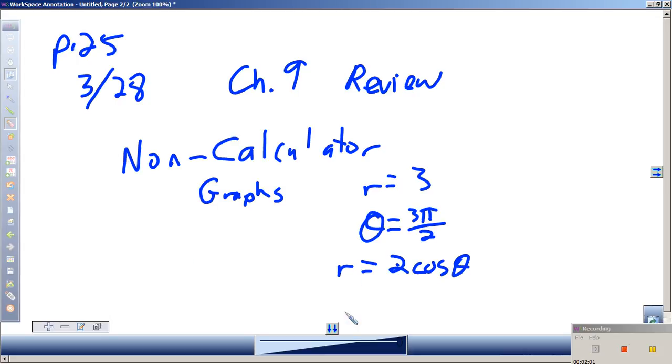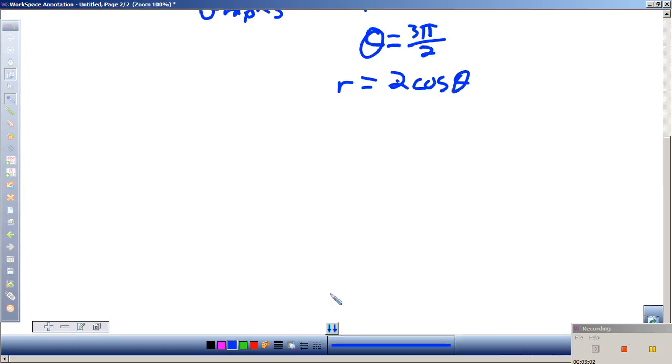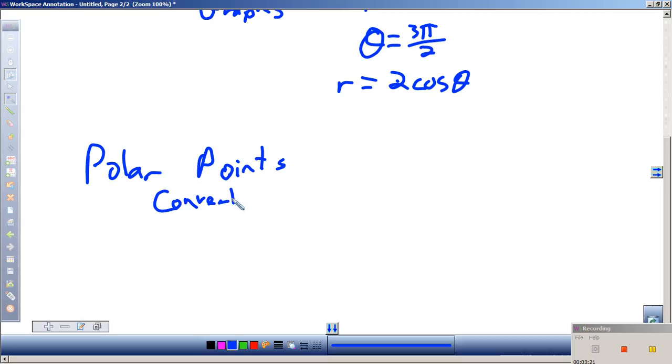So, overall test. Section 9.1, do you remember what it was about? Polar points. So this would be, very likely, I'll give you a problem, and I'll say, convert it to rectangular. Or actually, maybe I'll do a couple problems where I say, do a whole bunch of things to this set of points.